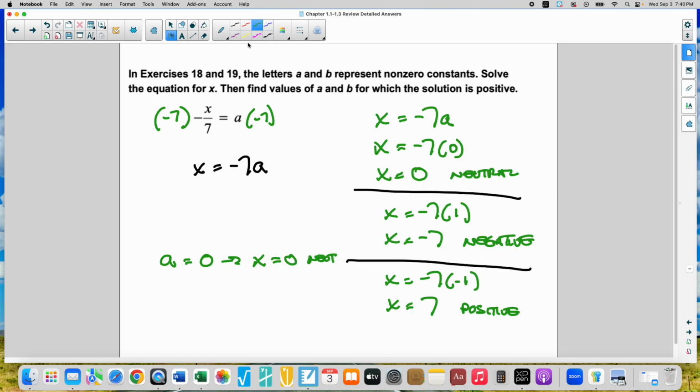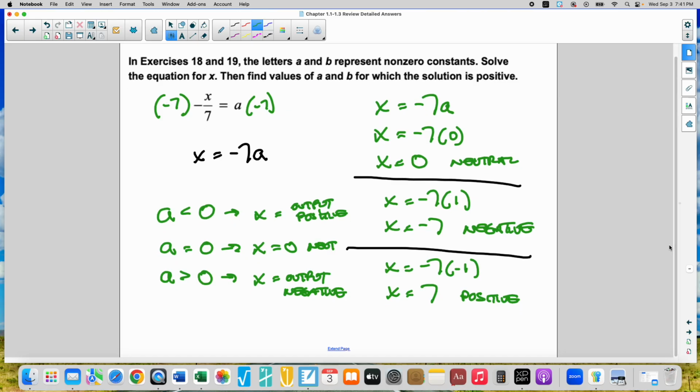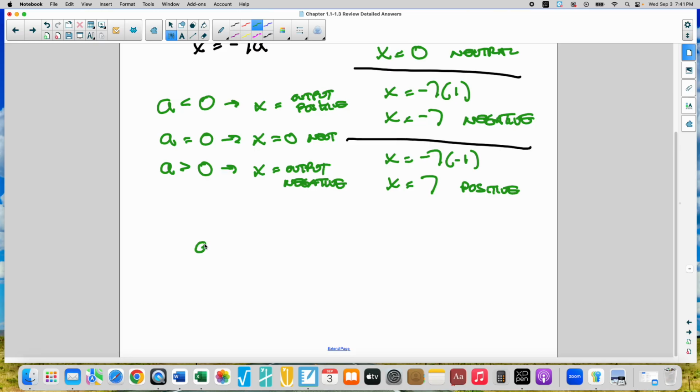When a is greater than 0, my output x ends up being negative. And when a is less than 0, my output is going to be positive. So my solution is going to be when a is less than 0.